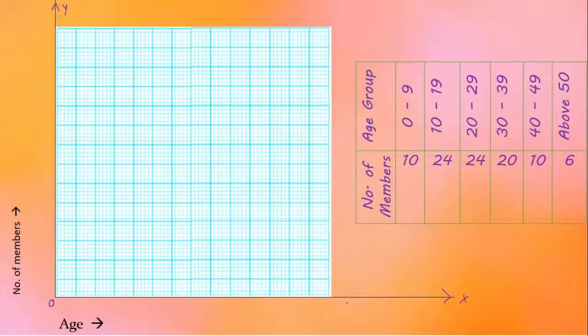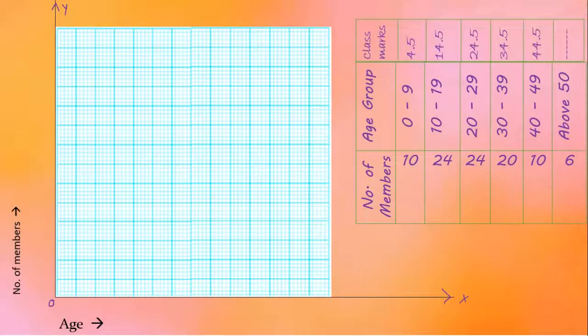But we are going to construct this frequency polygon directly, right? For that, we are going to find the class mark. As in the previous question, I told you what a class mark is. Class mark means the midway between the lower limit and the upper limit, and we are finding this class mark for each of the class intervals. For 0 and 9, it is 0 plus 9 by 2, which is 4.5.